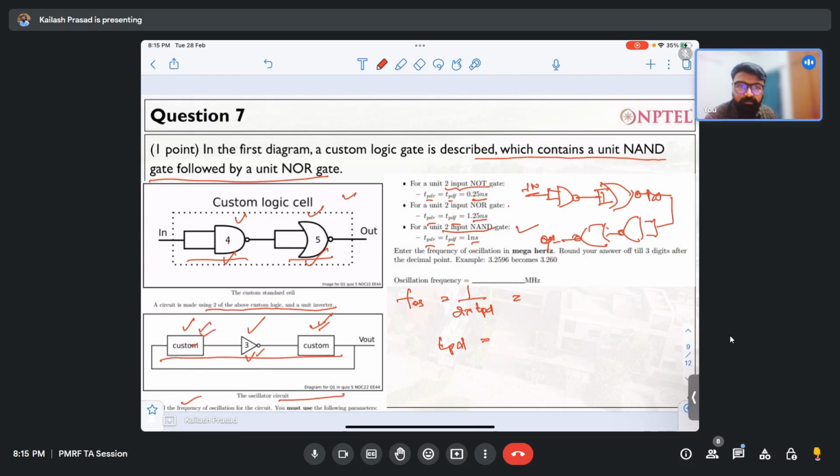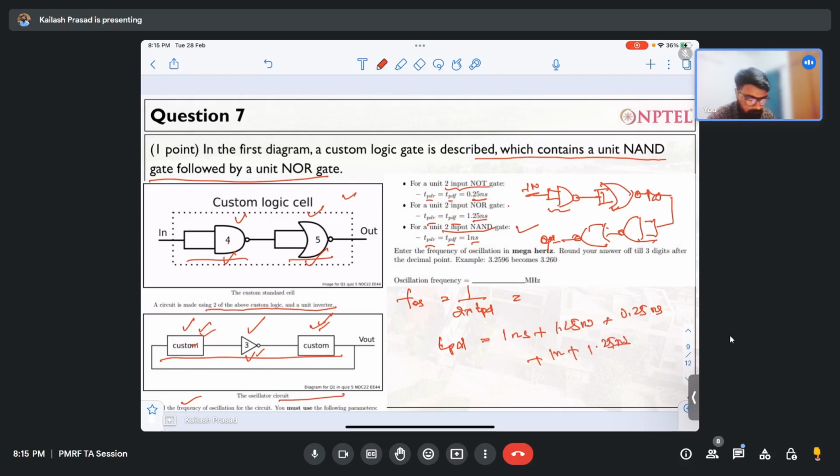So what you have to do is find out the propagation delay. This is my NAND gate, so this will be 1 nanosecond. Then it is a NOR gate, this will be 1.25 nanosecond. Then it is an inverter, 0.25 nanosecond. Then again a NAND gate, 1 nanosecond, plus a NOR gate, 1.25 nanosecond.